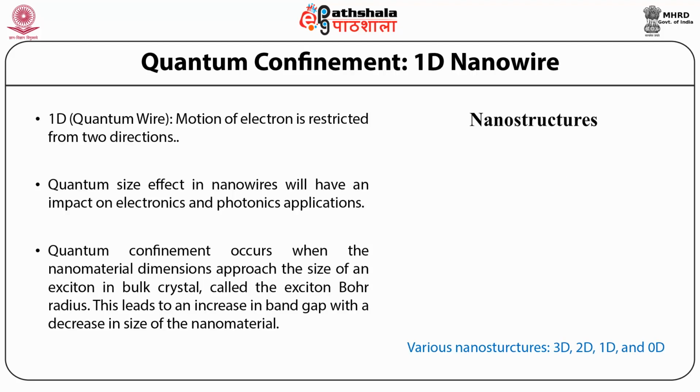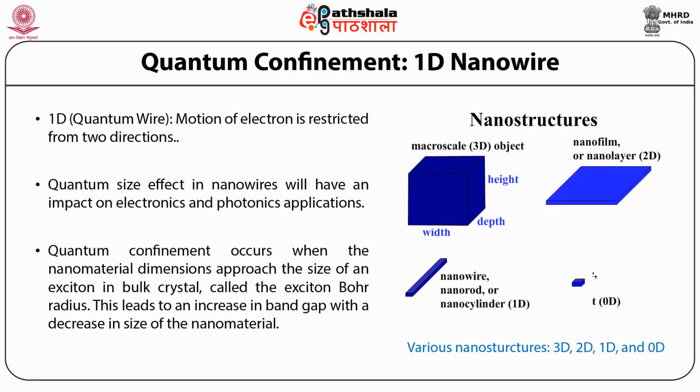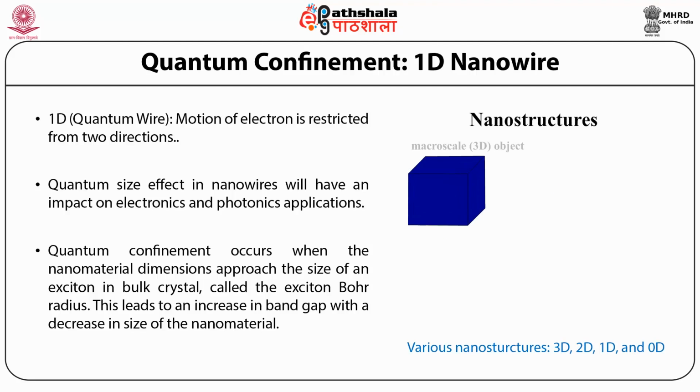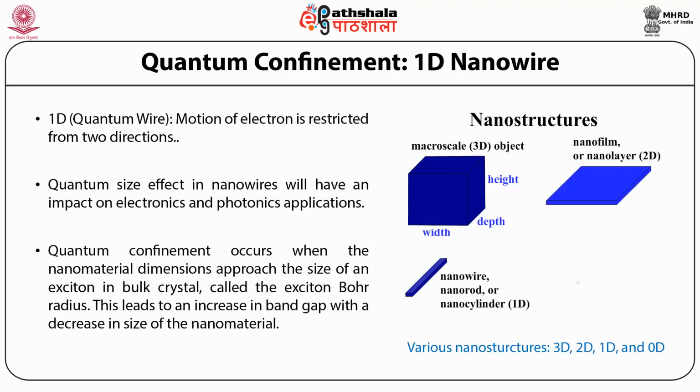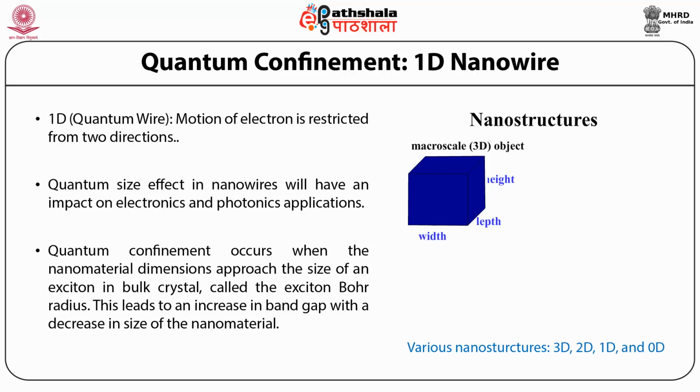This leads to an increase in the band gap with a decrease in size of the nanomaterial. Keeping in view the importance of 1D nanomaterials, in this module we are interested in studying one-dimensional nanostructured materials, which we can call 1D NSMs or quantum wires.